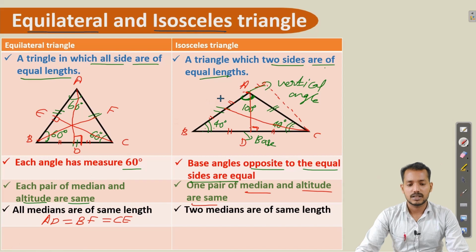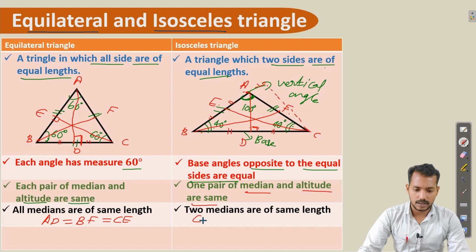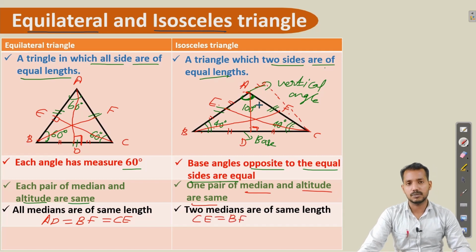That means AD, CE and one more median if you draw from here to here, F. So CE and BF, these two medians are the same. CE is equal to BF. The medians drawn from the base sides are the same, but that is not equal to the median AD. Only two medians are the same.